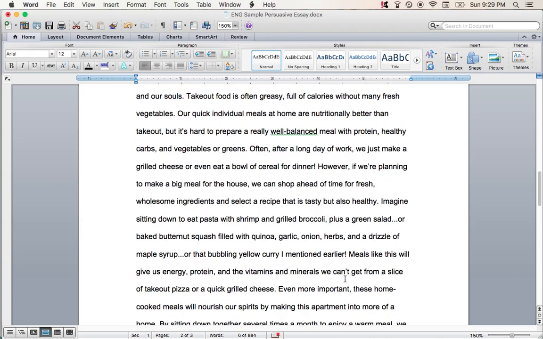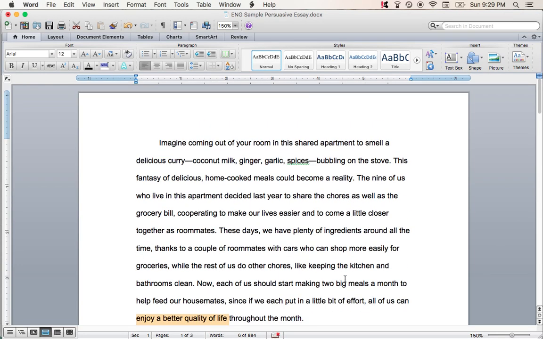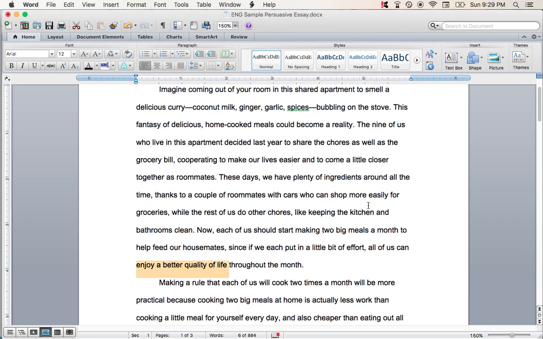All right. So I hope that this review reminds you of how the first three paragraphs are all working together to convince the reader, to persuade the reader that the proposed plan, that the change, is worth making because it has a lot of benefits.